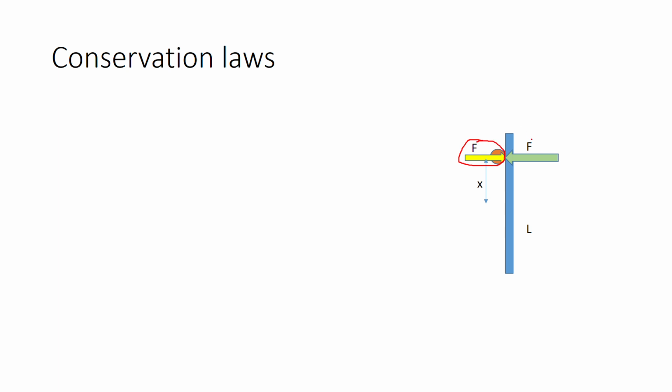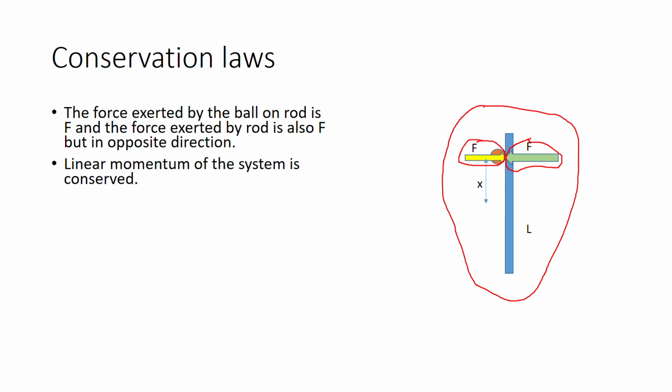Similarly, the rod will exert an equal and opposite force, by Newton's third law, to the ball. And if we consider this entire thing as a system, that is ball plus rod as a system, the net force on this system will be F plus minus F, that is 0. So linear momentum of the system, that is ball plus the rod, is conserved.